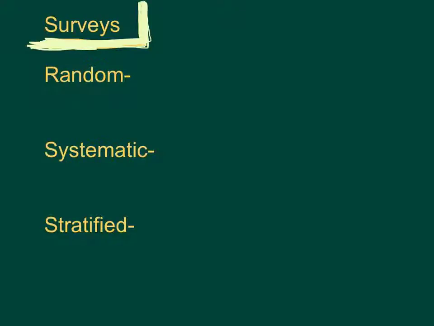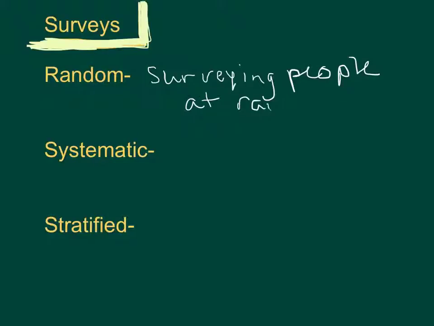Okay, moving on to surveys. There's 3 different types of surveys, or ways to ask people questions. So there's random, which is surveying people at random. Random means drawing numbers or names out of a hat, or just completely 100% random.